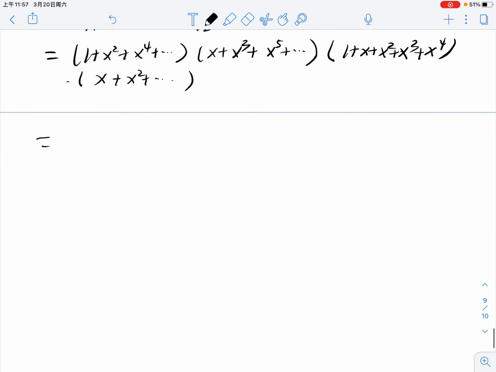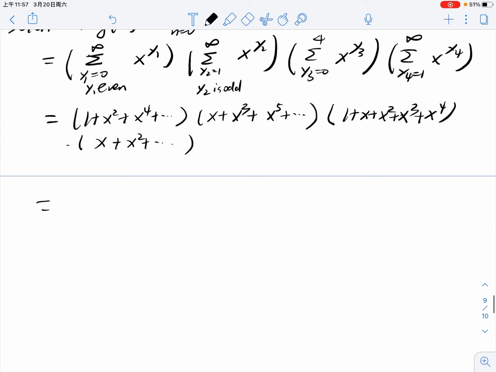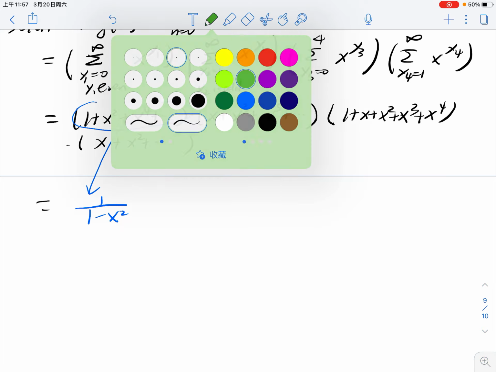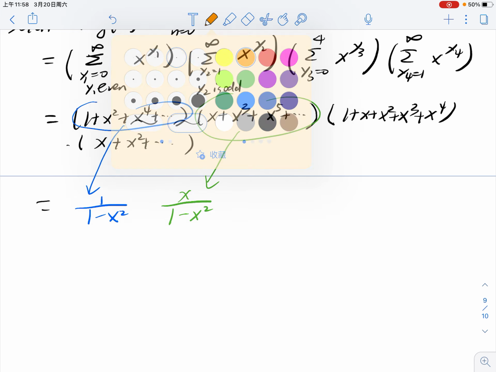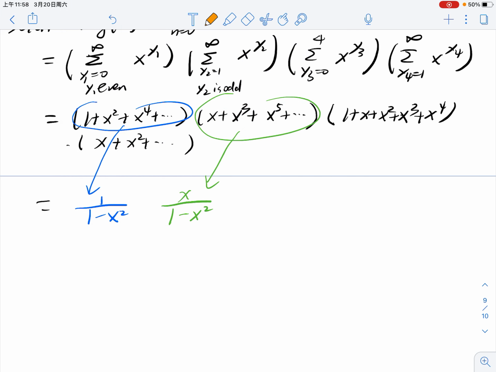Okay, and then for each one you do have a formula. For the first one you have 1 over 1 minus x squared. For the second one you have x over 1 minus x squared. For the third one you just keep it.